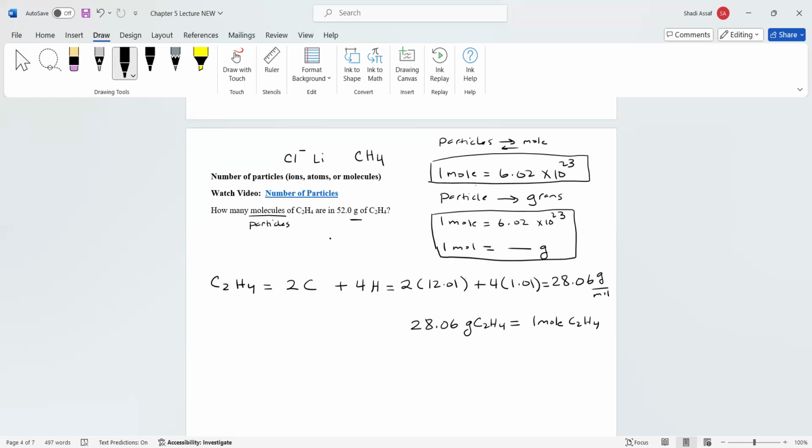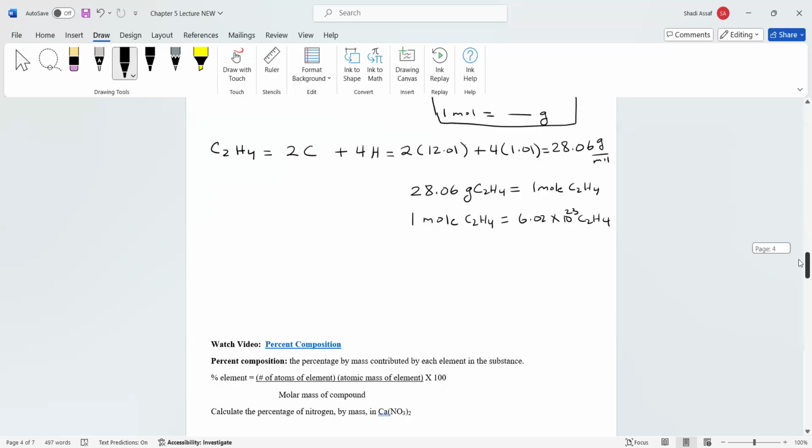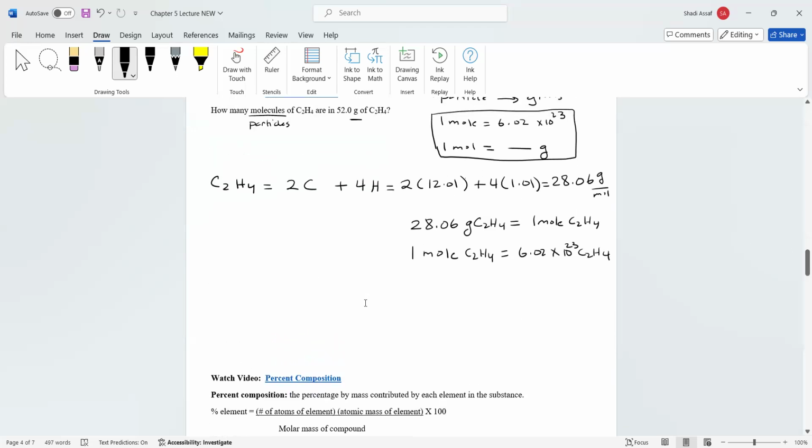We also need Avogadro's number, so we're going to write 1 mole of C2H4 equals 6.02 times 10 to the 23rd C2H4 molecules. So let's do the problem.